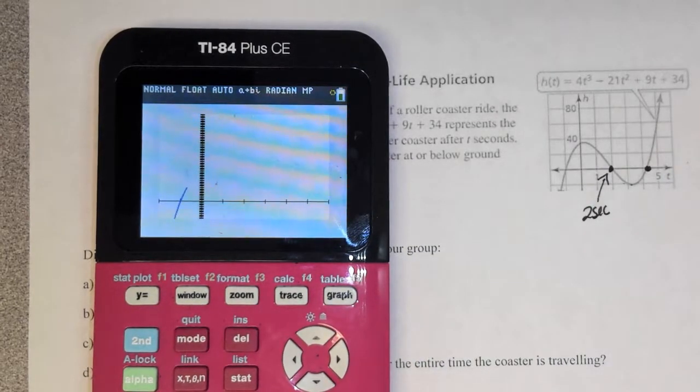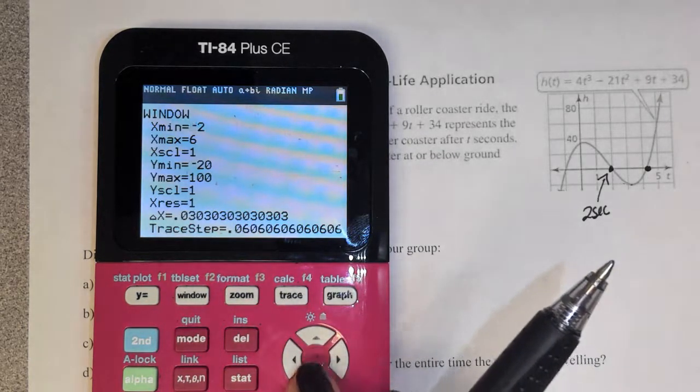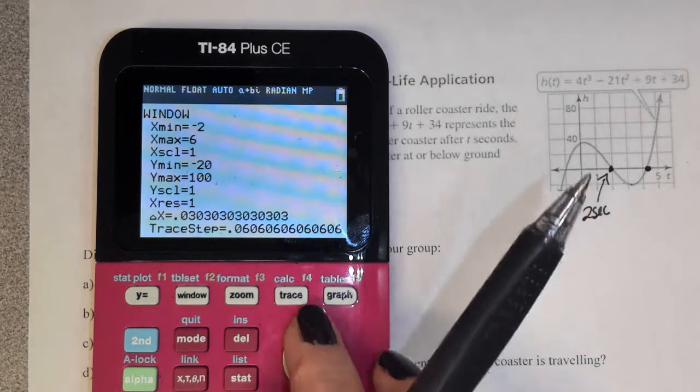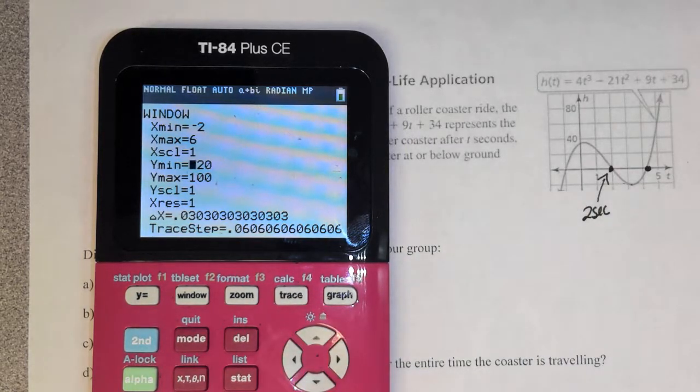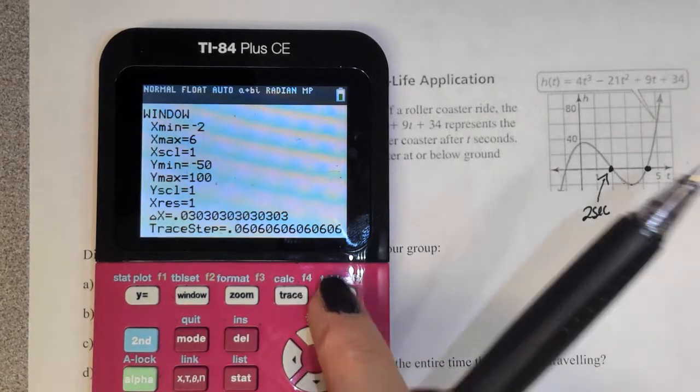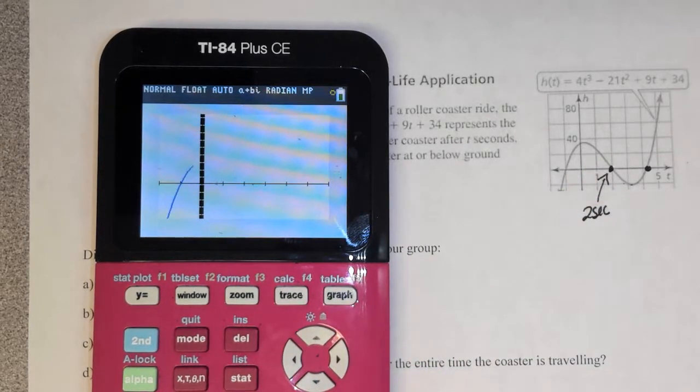So now when I hit graph, I like the way this looks better. Oh, it's still not quite low enough. Let me make it go down to like -40 or -50. Okay, so this is good.